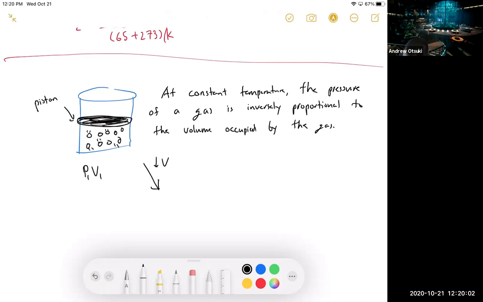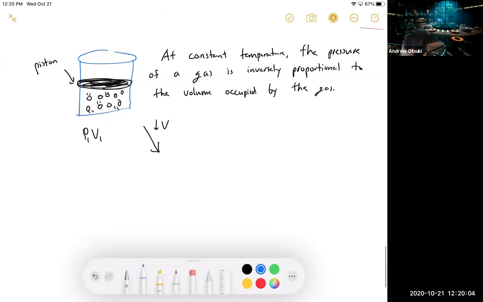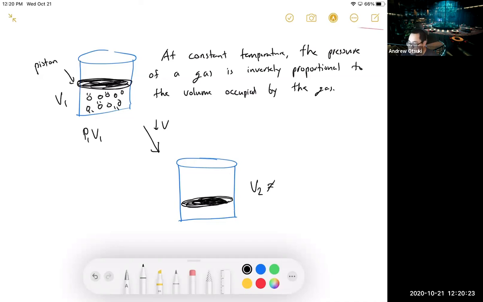Right here I have my flask, well, it's just like a tube. Now I make the volume of the gas a little bit lower here. So V2 is not equal to V1.